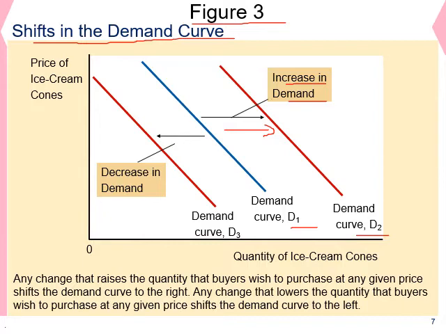And then decrease in the demand, the curve will shift from D1 to D3. So this is known as decrease in demand. So for instance, number of buyers goes down or income goes down. So the shift to the right is known as the positive shift, and the shift to the left is known as a negative shift.